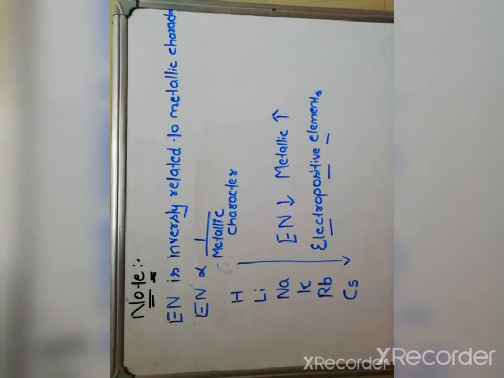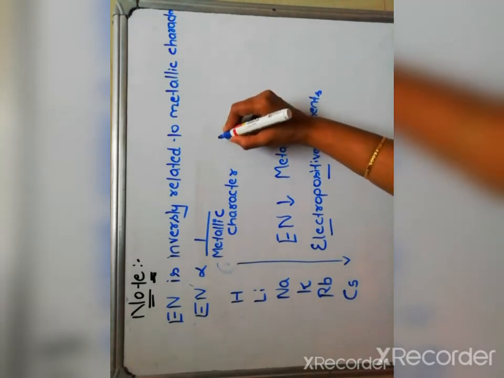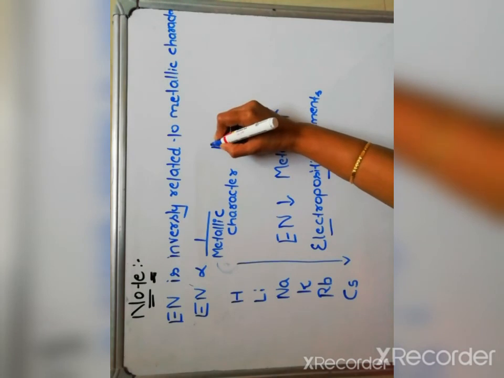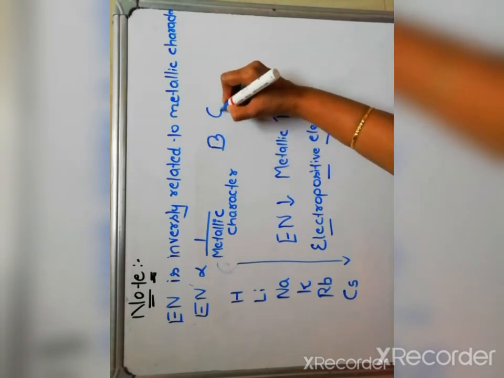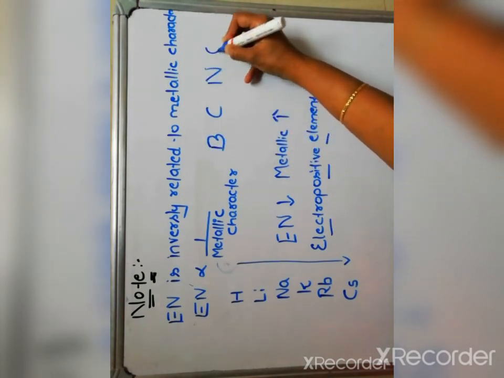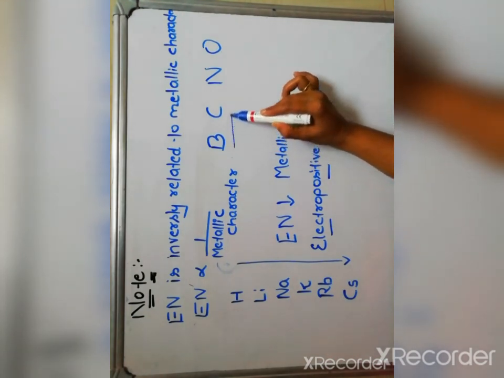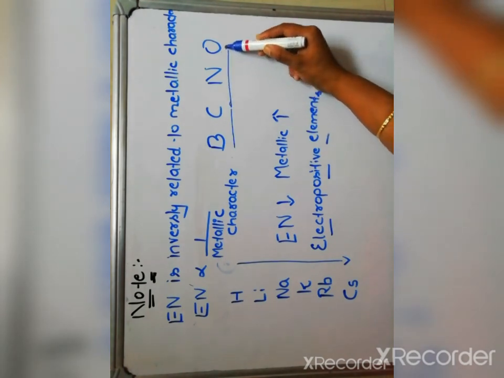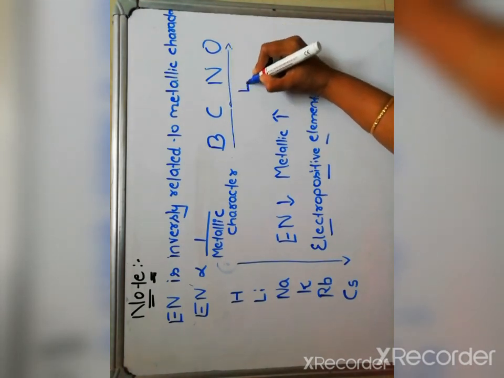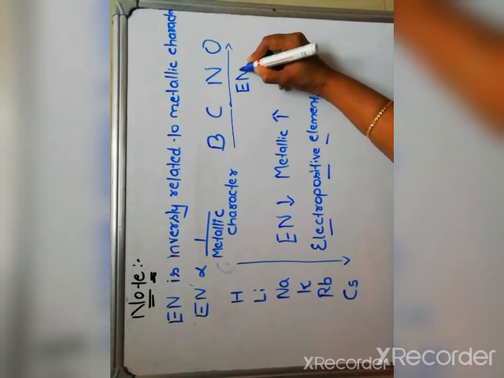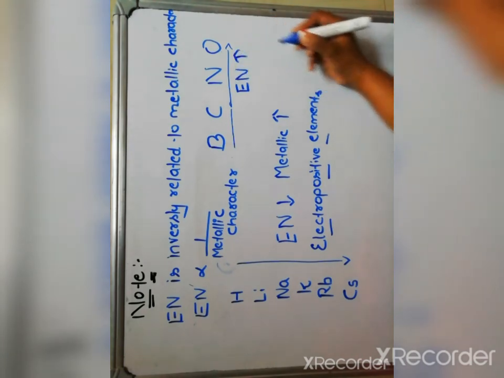Now this is down the group. If we see across the period, I am going to write it here. We know boron, carbon, nitrogen, oxygen, and the halogen, fluorine, and so on. As we move across the period, what happens to the electronegativity? Atomic size decreases, the force of attraction increases, therefore electronegativity increases.